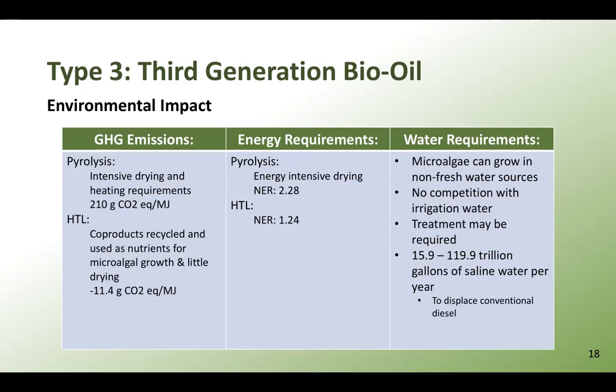However, the hydrothermal liquefaction pathway actually has carbon dioxide sequestered, so it's minus 11.4 grams of CO2 equivalent emissions per megajoule. A reason for this is that the co-products that are produced are basically recycled and used as nutrients in the microalgal growth stage.